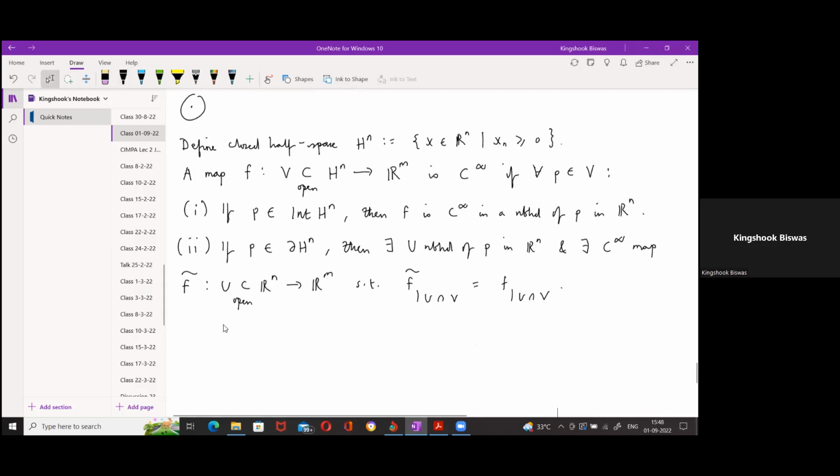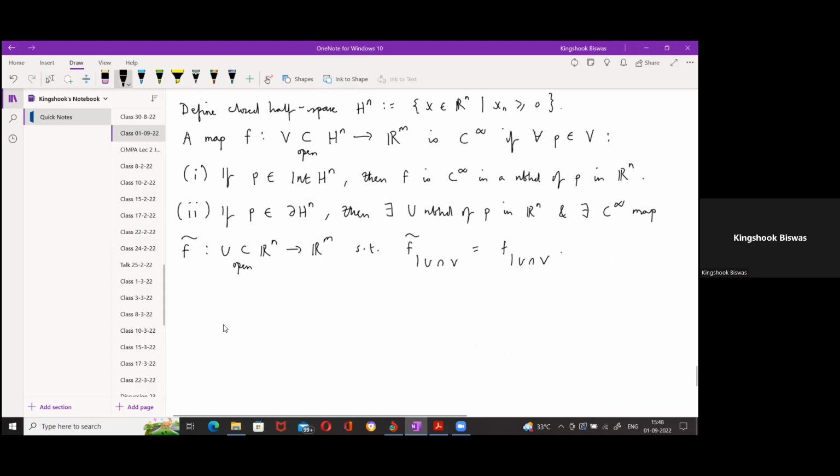So locally you extend to a smooth function in a neighborhood. Here is p on the boundary of the half space, and this could be your open set V, which is open in H^n.